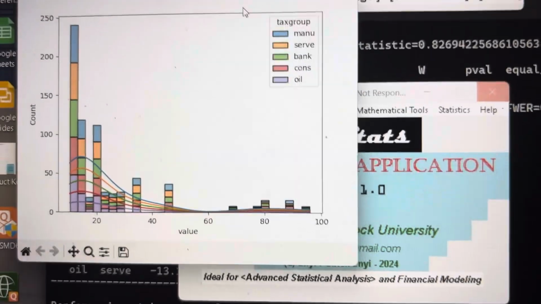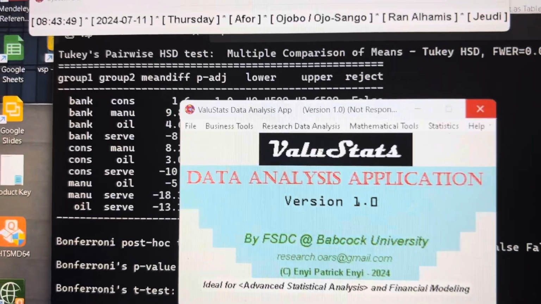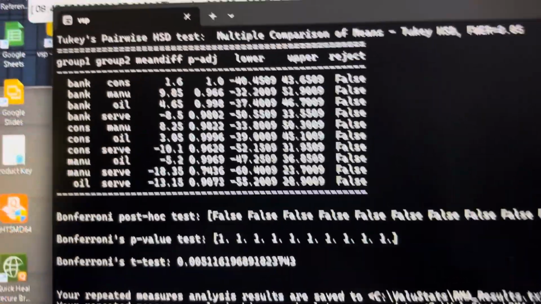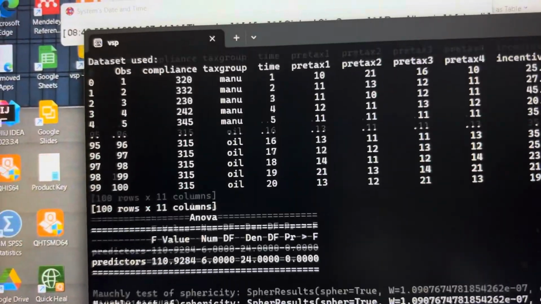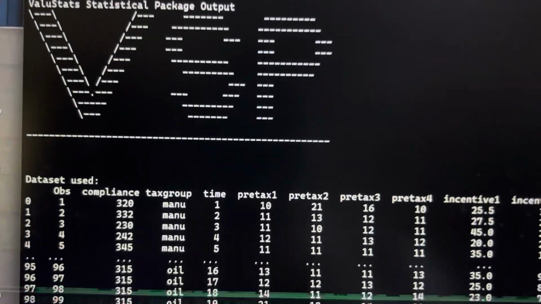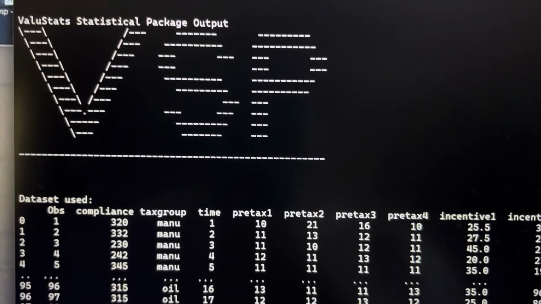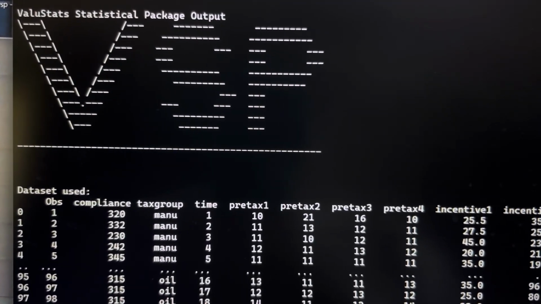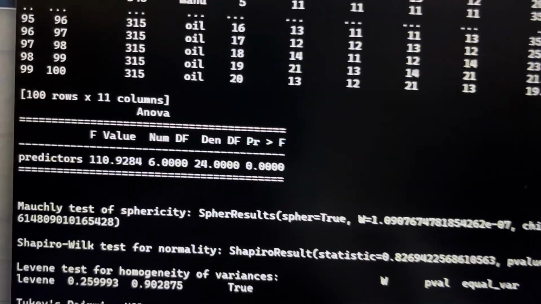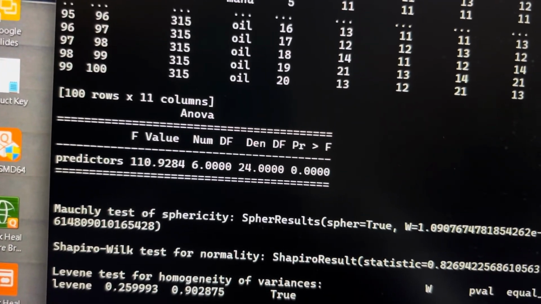So that's it. Now let us look at the figures produced. We have seen the plot. Let's look at the figures. The analysis, which is the repeated measure analysis, is a very dynamic one. Now look at the ANOVA that it is producing.